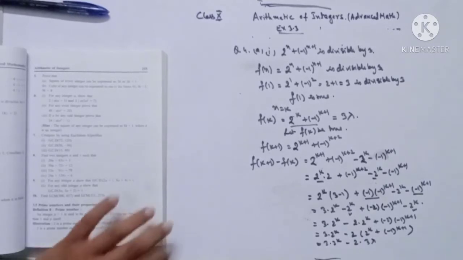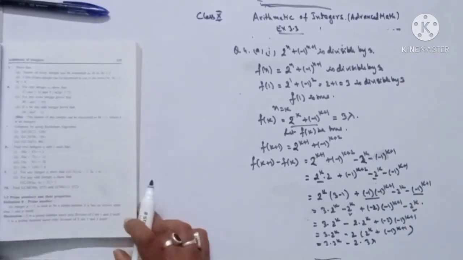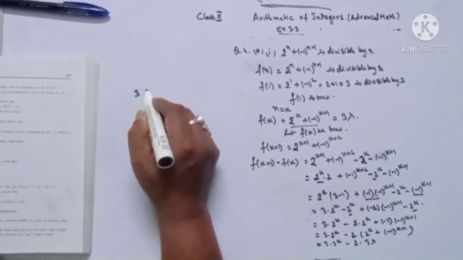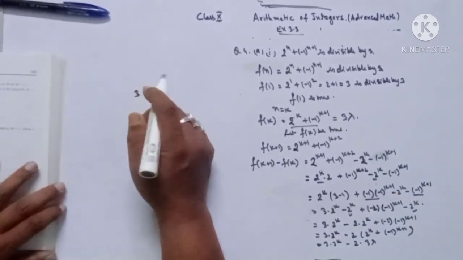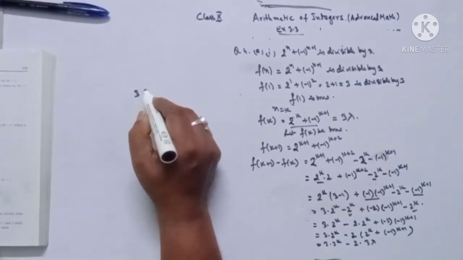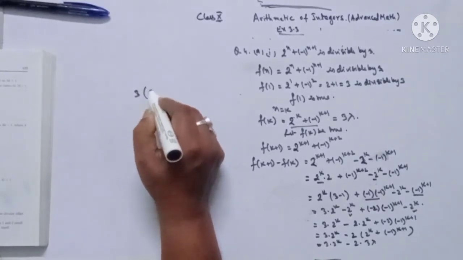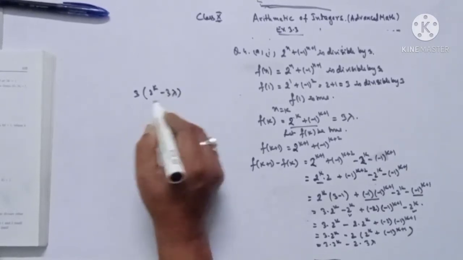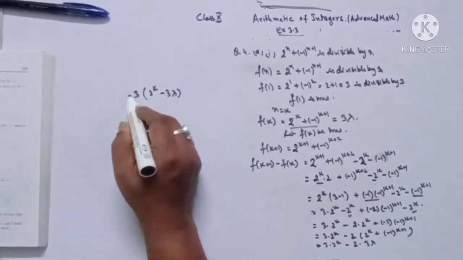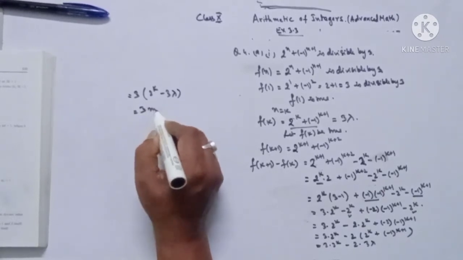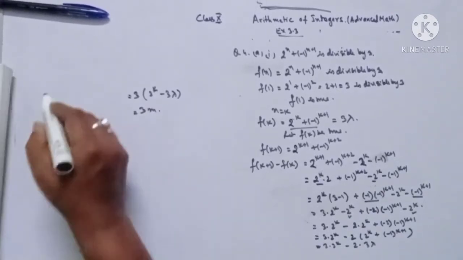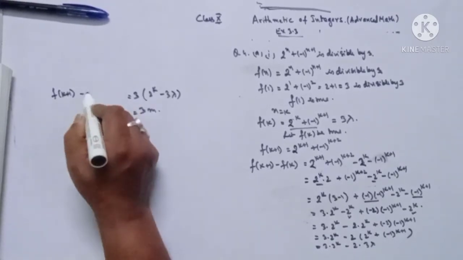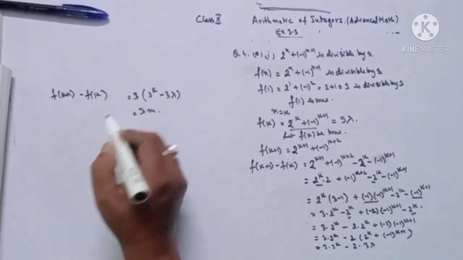So now from here I can take 3 common, that is 2 to the power of k minus 3 lambda. So I can write this as 3m, and here f k plus 1 minus f k will be equal to this.